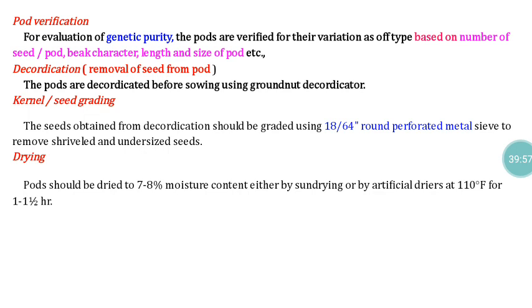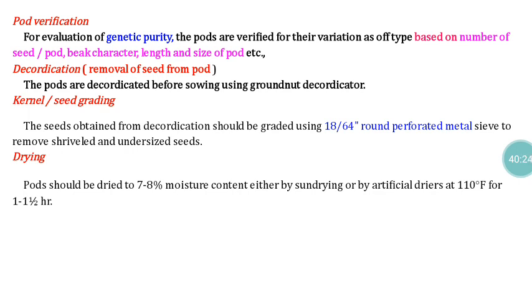So that is a very important operation, and it is useful with reference to maintenance of the genetic purity of your groundnut. Then we have to separate the kernels from the pod. For that purpose we do decortication operations, either manually or with machines. Another thing with reference to groundnut is that if your kernel remains in the pod itself, the storability is more.